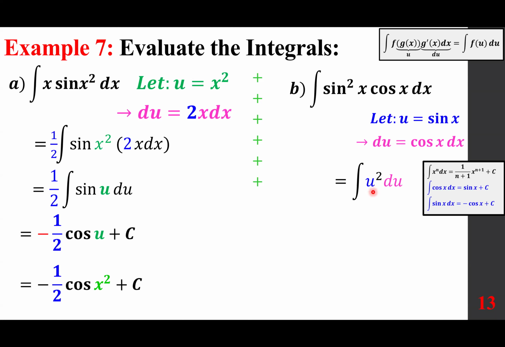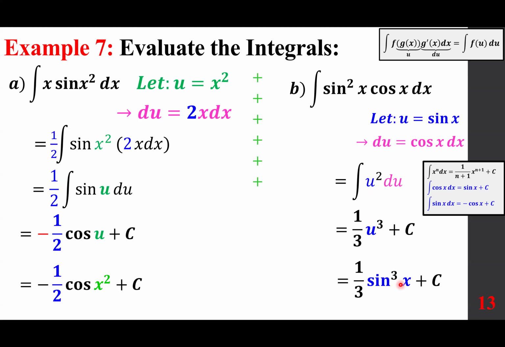Rewrite it as u squared du. Following the power rule, we get 1/3 u cubed plus a constant. Replace u with sine x.